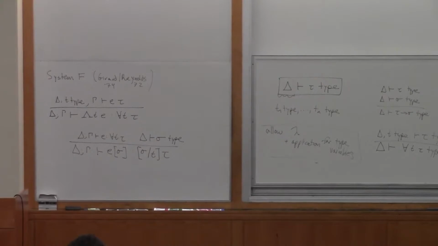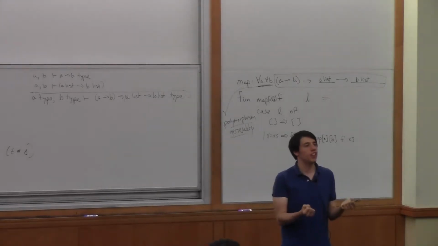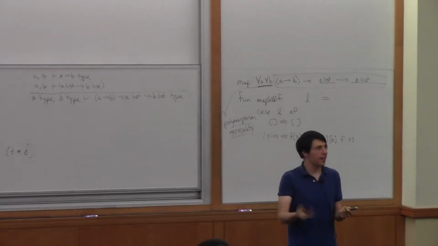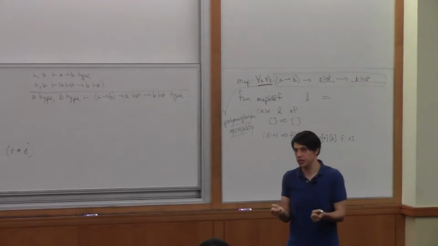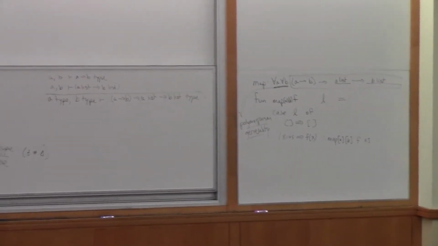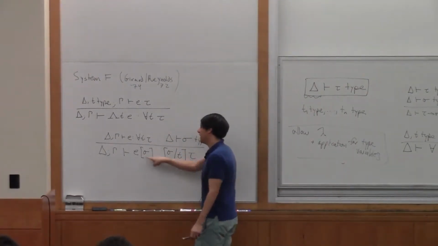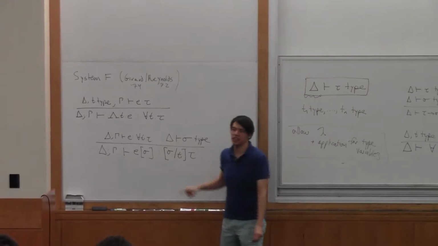Okay, so let's think about that for a second. To make a function that abstracts over a type, you bind a type variable, just like functions that abstracted over values bound value variables. To apply such a polymorphic function, you pick a type that you would like it to work at, and you apply it to that type.